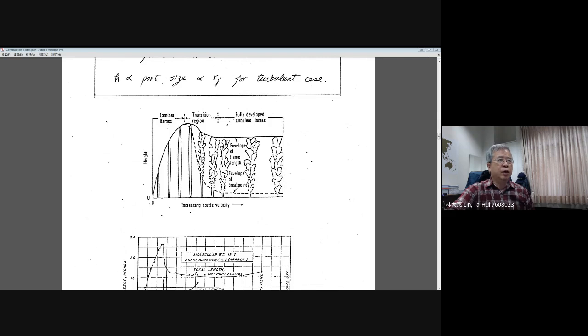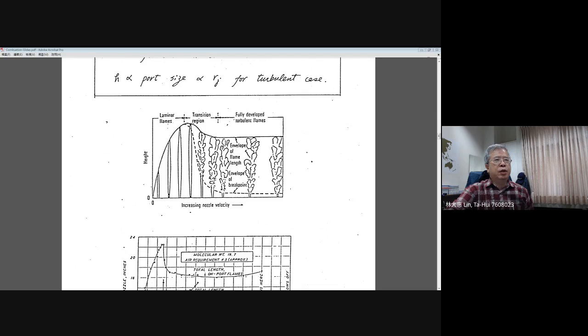In the first portion, they point out this is a laminar flame, and they show a very nice, smooth flame shape, and the flame height is slightly curved, and the height increases almost linearly with respect to the nozzle velocity as we explained before.